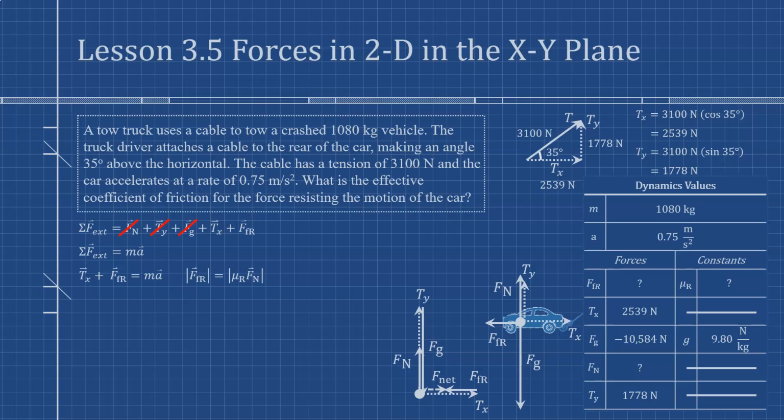combine these two equations together, I'm going to combine the left and the right equation here. I'm going to keep the absolute value notation, just noting that whatever I get as a value, eventually here I'm solving for coefficient of friction, I'm going to need to make it positive if it's negative. Now, do you have to be fancy and keep absolute value notation in your equations as you do work on paper? You do not. This is just my way of reminding myself to make any negative values positive, but you can just remember to do that.